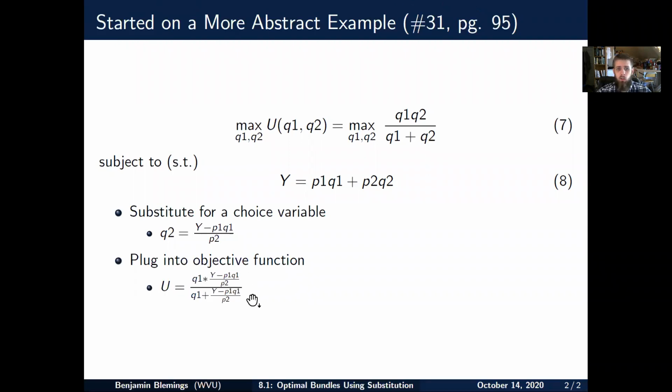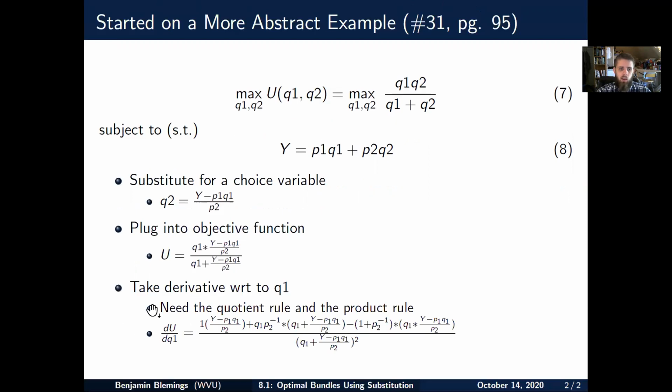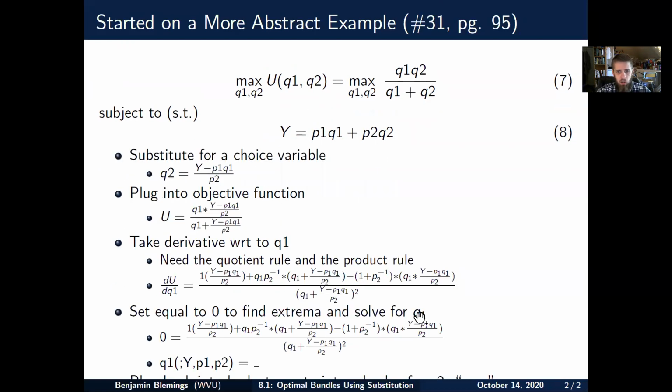And then I just take the derivative of that, and here's the derivative of that. And to solve for Q1, you would set this equal to 0, and then you need to factor everything out to get Q1 on one side. So I was having a little frustration doing that, but it is possible. And so I'll keep working on it, and hopefully have an answer to that one to update you in the future.